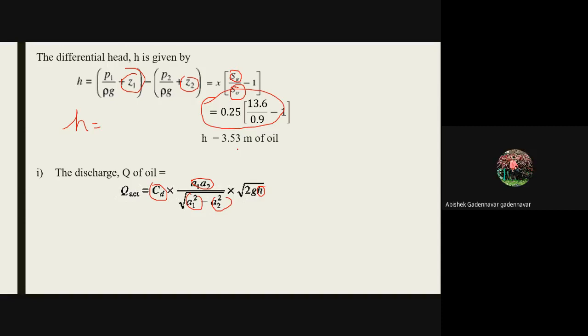It is 0.148 meter cube per second. In terms of liters per second, it will be 148.80 liters per second. This is your answer for the discharge of oil.